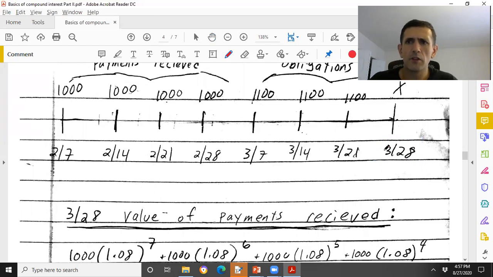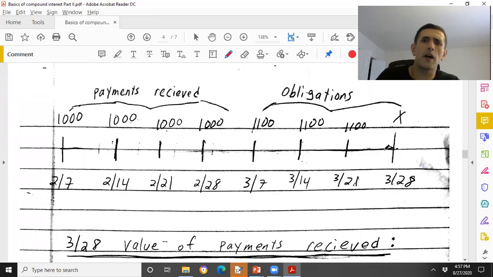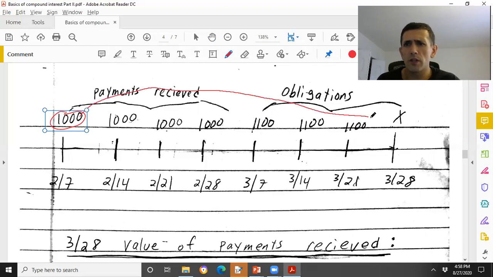Okay. So first of all, let's look at the value of the $1,000 that Walt got on February 7th. So that's right here. So that accrues, well, how many months of interest? 1, 2, 3, 4, 5, 6, 7.